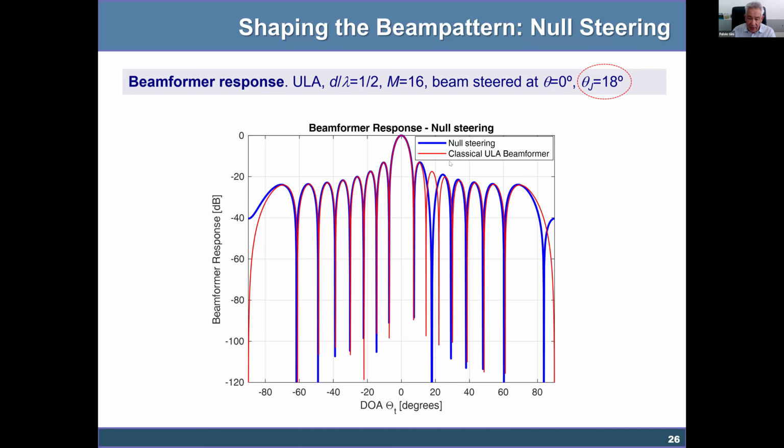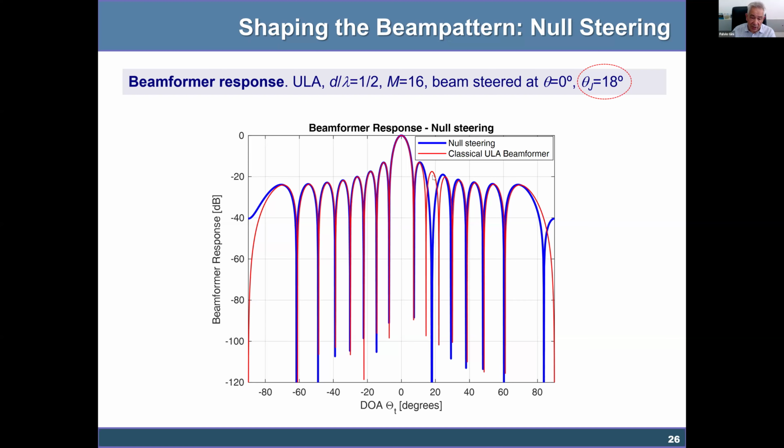Instead, if you use the classical beamformer, the interference is weighted by the side lobe, and if the power of the interference is large, basically it affects the measure through the side lobe.